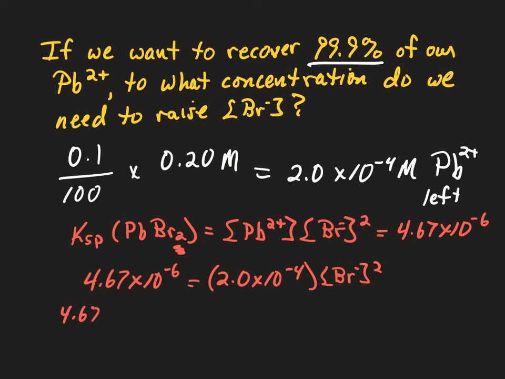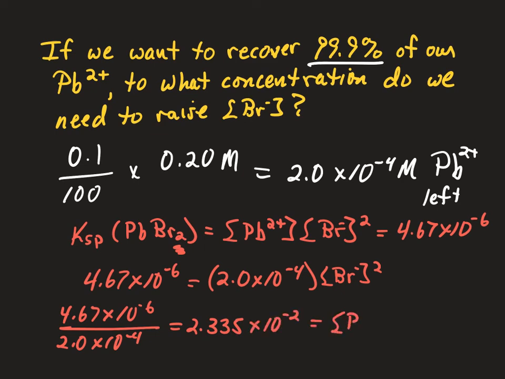So 4.67 times 10 to the minus 6 divided by 2.0 times 10 to the minus 4 is going to equal 2.335 times 10 to the minus 2, but that's equal to the concentration of bromide ion squared, so the concentration of bromide ion will equal 1.528 times 10 to the minus 1 molar.